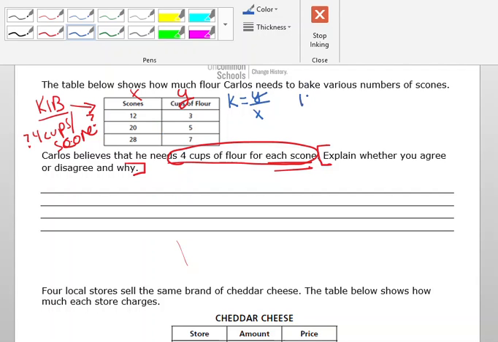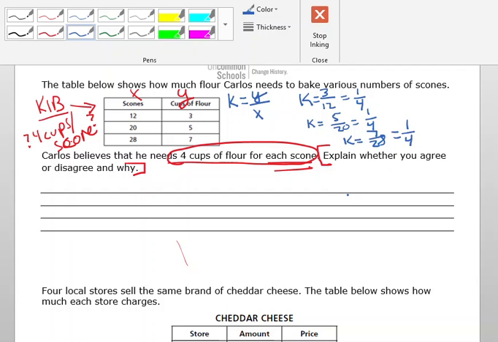So I have K is equal to 3 over 12, which equals 1/4. And I go here for this next line. K is equal to 5 over 20, which equals 1/4. And this next line is K is equal to 7 over 28, which is equal to 1/4.